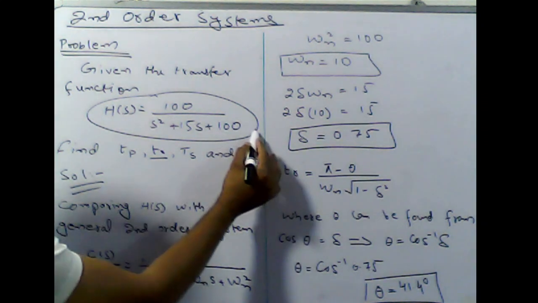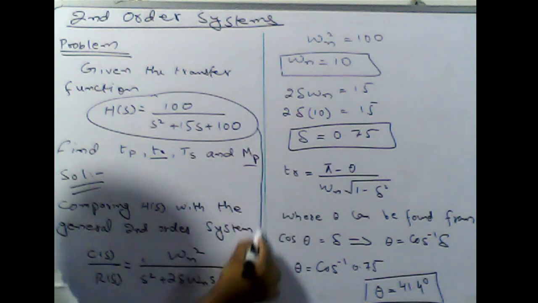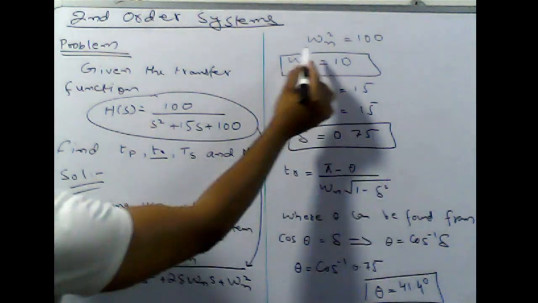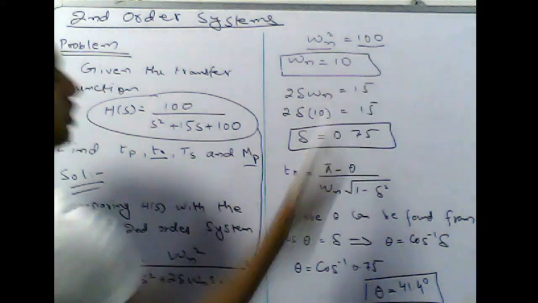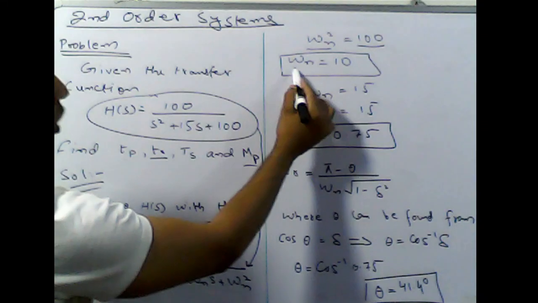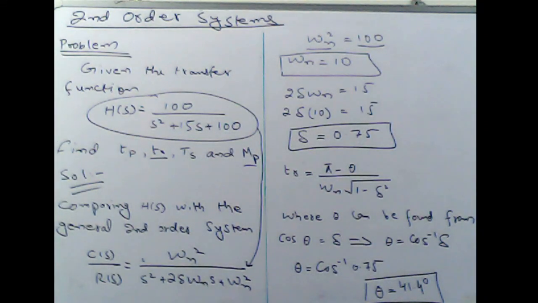If we compare this transfer function with the generic form, we can find that omega n square is equal to 100, and from this we can find omega n is equal to 10 radians per second.